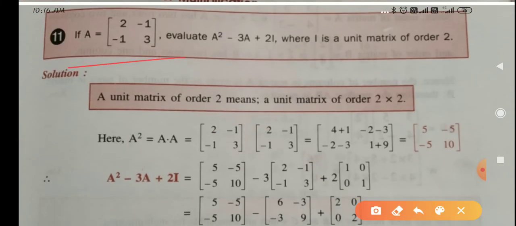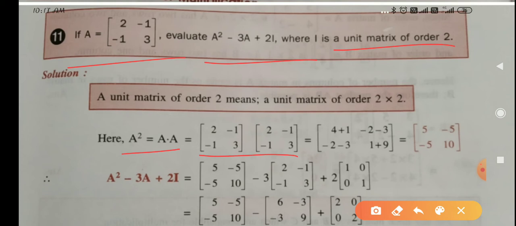Next is the 11th example. A is given. Now you have to find A square minus 3A plus 2I, where I is a unit matrix of order 2. So first of all, A square, A multiplied by A. Multiplication, I told you how to multiply.